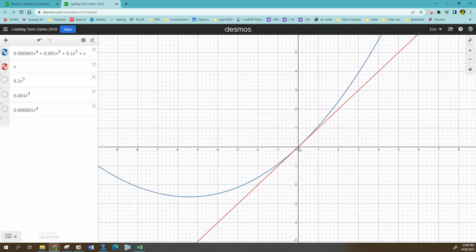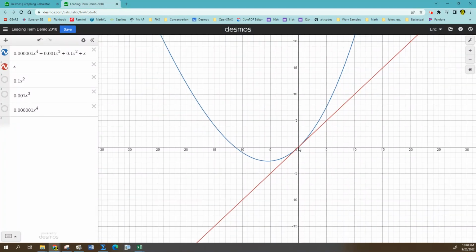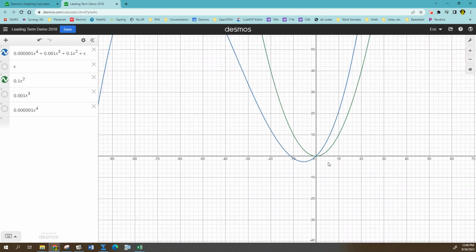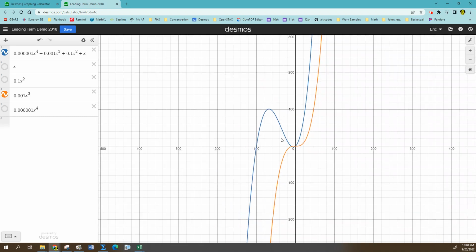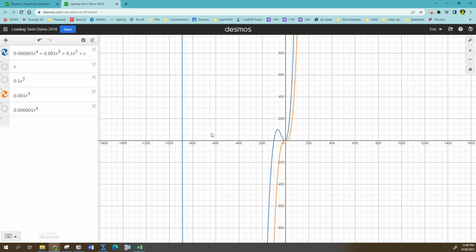Okay, now it's nonlinear, right? If I compare that to a quadratic function, they seem similar, right? So we might say, okay, well, it's the quadratic term that dominates. Of course, if I go out a little further, I see that no, that's not the case. It's not the quadratic term. It seems to be the cubic term. It matches most closely.